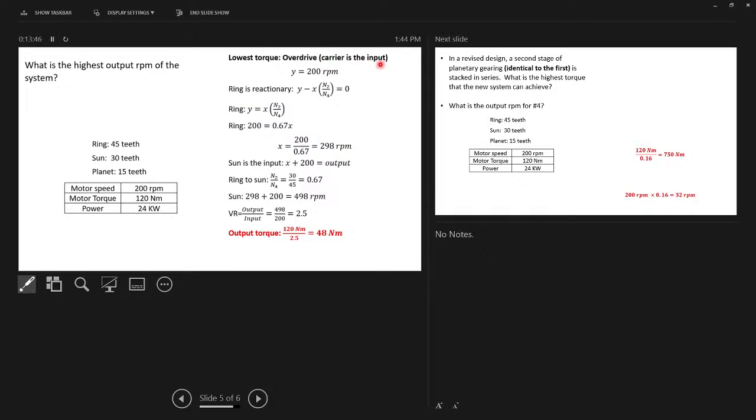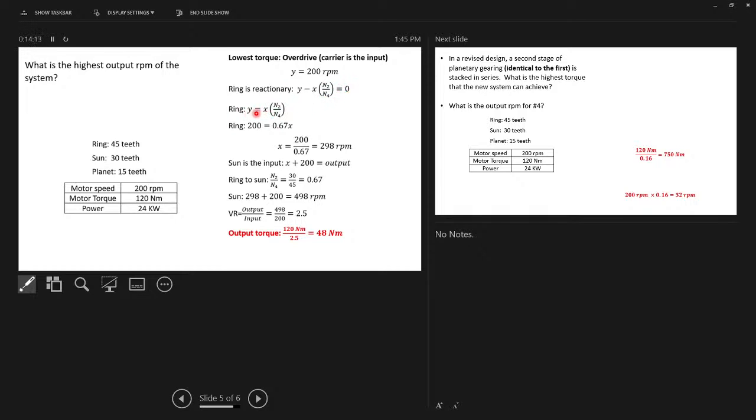When the carrier is the input, we're in overdrive. So that means the carrier is 200. The carrier is tied to the motor, so the carrier is the input, which means we have a value for y. The ring is going to be reactionary, or stationary. So in this equation, y minus x times the ratio of the sun to the ring teeth is going to be 0.